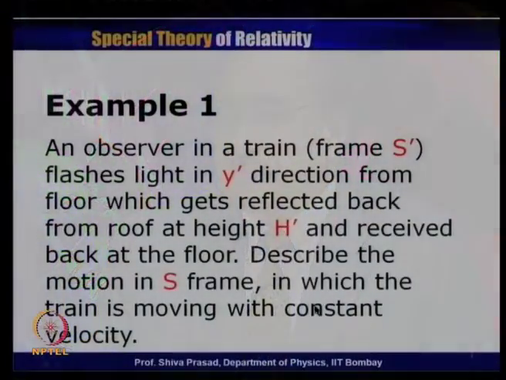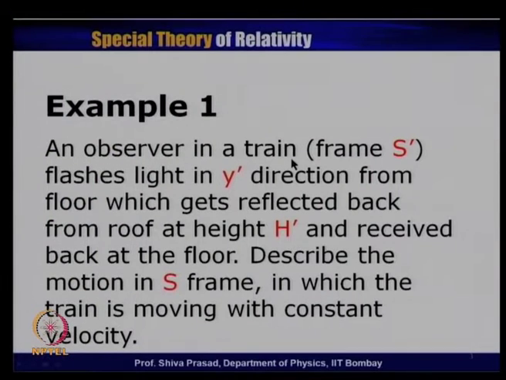Now, we will work out a different example in which the light will be pointing in the y direction. That is the direction which is perpendicular to the x direction and towards the top. So, this is the example which I am just describing.